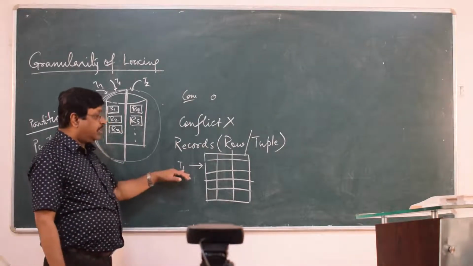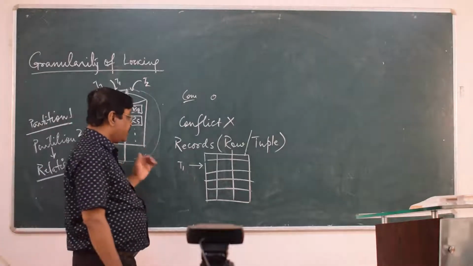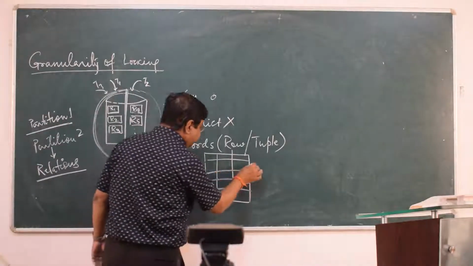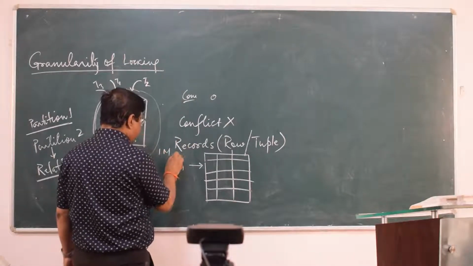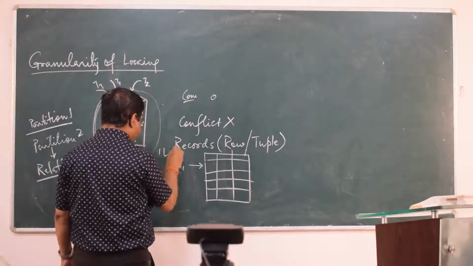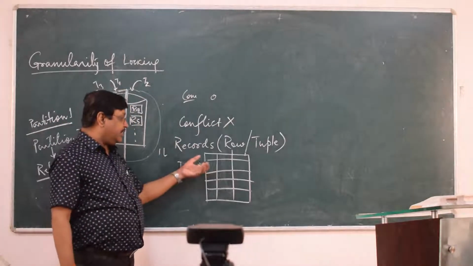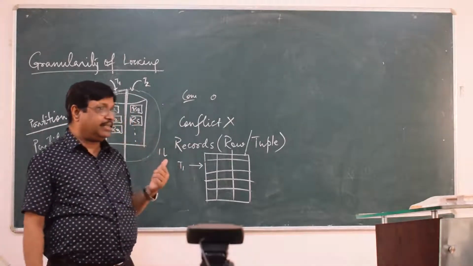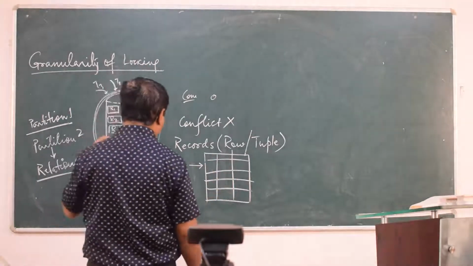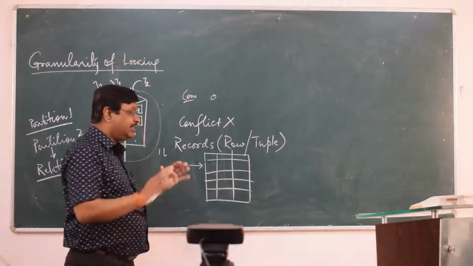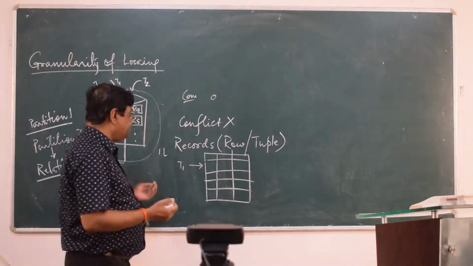The option is to lock a particular row, particular tuple or record. So what would happen here? Say a relation contains 1 million records or 1 lakh records, say. A transaction T1 locks one record. It means 99,999 records are still unlocked for other transactions. So the concurrency has enormously increased.